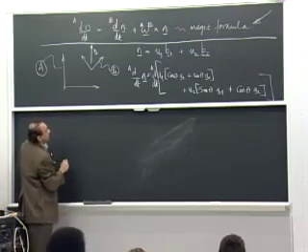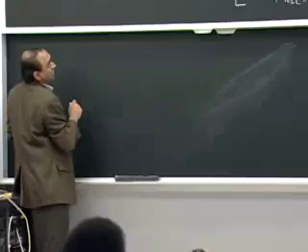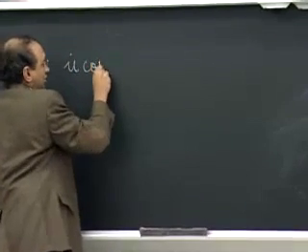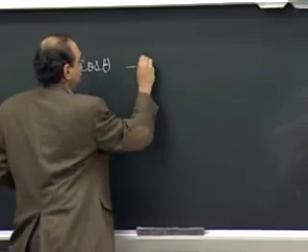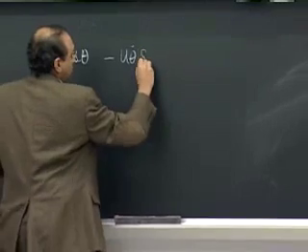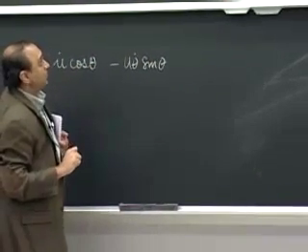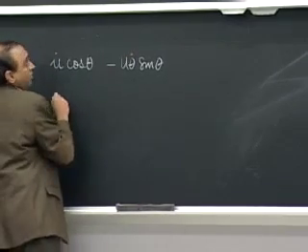What is d by dt of u1 cosine theta? It is u1 dot cosine theta, right? Minus u theta dot sine theta. Okay. And on the right-hand side, it is the next term.